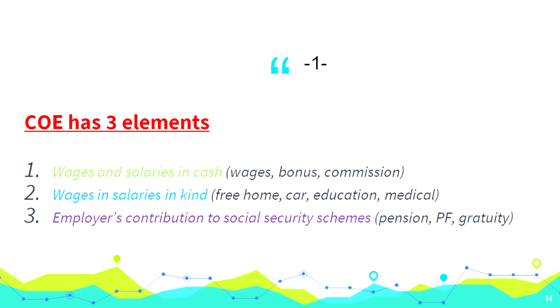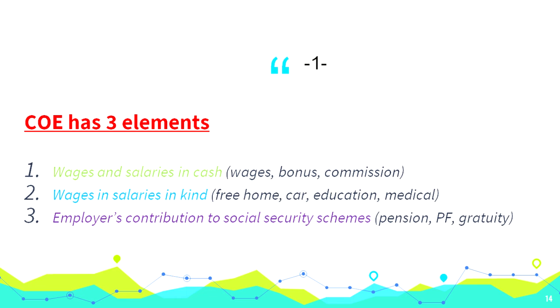Then we call it social security schemes, which means other than monthly salaries and bonus during festivals, he also gives benefit after retirement of the employee. Then the benefits given can be pension, provident fund, and gratuity. We call them social security schemes.